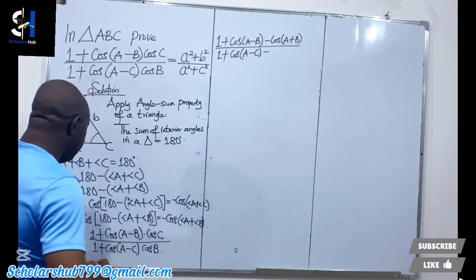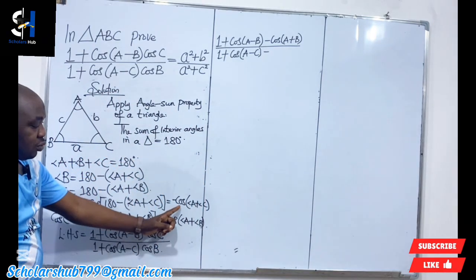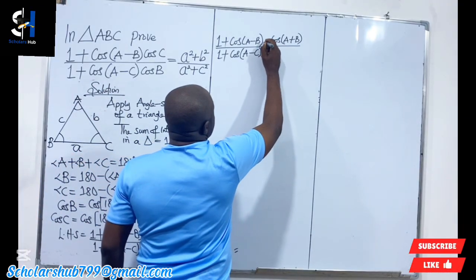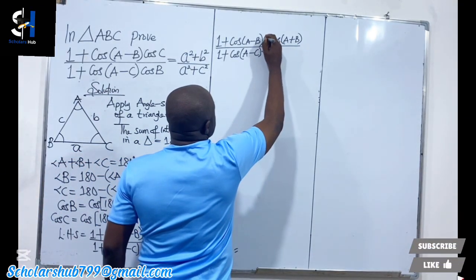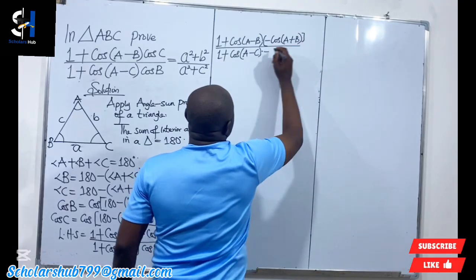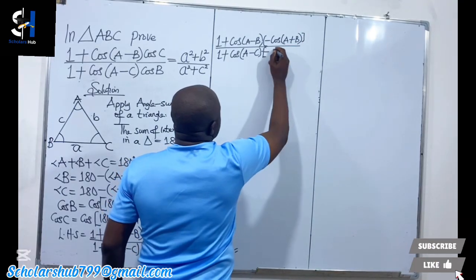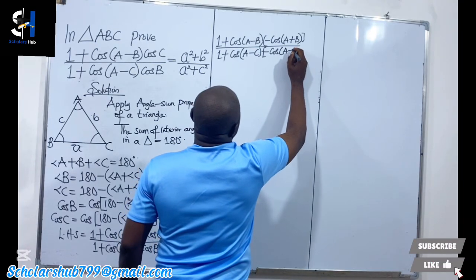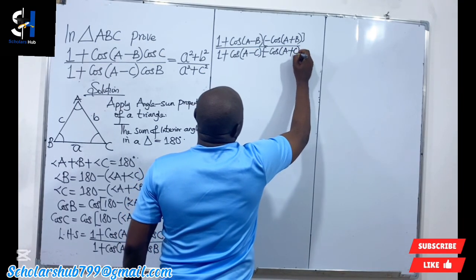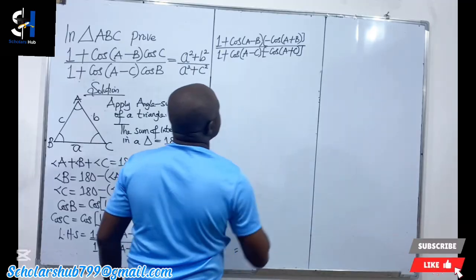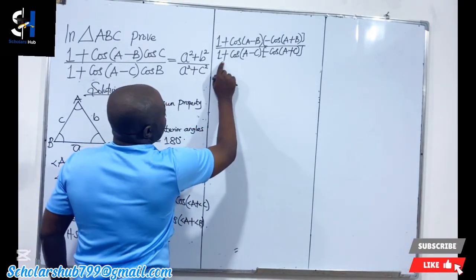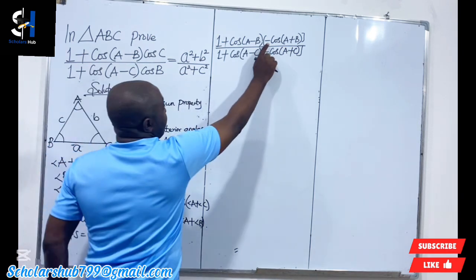Then for cos B, we have that to be minus cos(A plus C), so we multiply by, let me use a square bracket, cos(A plus C), then close the square bracket. Minus times plus will be minus, and we have the same thing here.